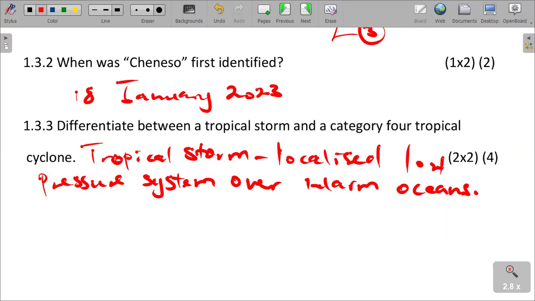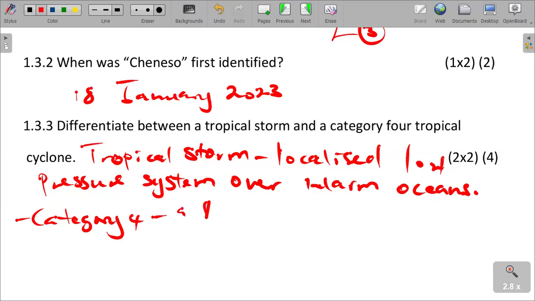So again, we are saying category 4 tropical cyclones, tropical cyclones that are actually very much intensified. What you need to know is that this is an intensified tropical cyclone with its severe weather conditions.